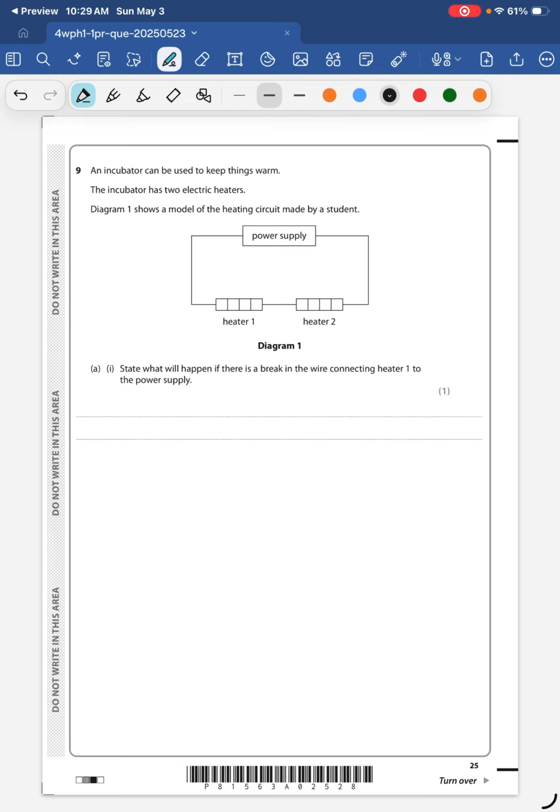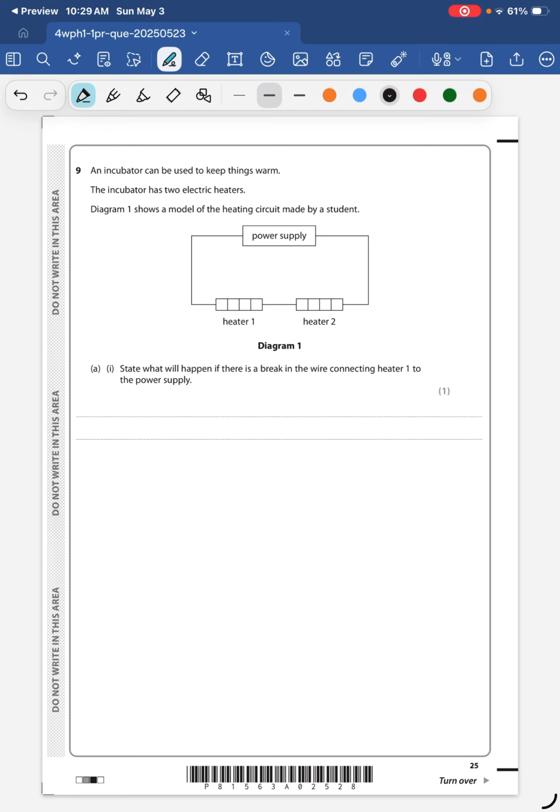So the incubator has 2 electric heaters. Diagram 1 shows a model of the heating circuit made by a student. State what will happen if there is a break in the wire connecting heater 1 to the power supply. So if this breaks pretty much, it will stop working.